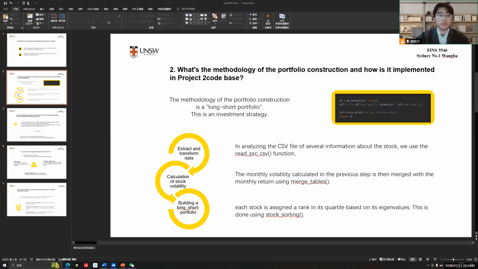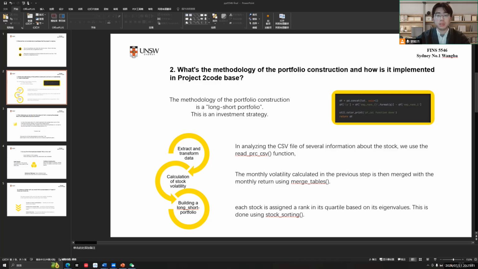The return of the long-short portfolio is calculated by subtracting the monthly weighted return of the first quartile from the monthly weighted return of the last quartile. We can find that the purpose of this is to get a defined return from the change in the asset price.